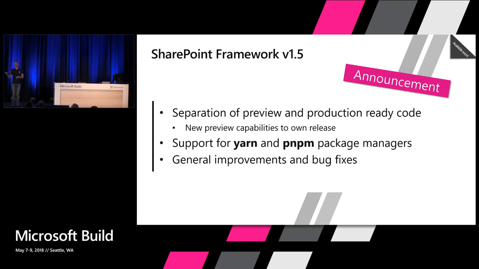So 1.5 is the official GA ready version, and then we'll have 1.5 plus add-ons. I can't remember what the decision was around the label in NPM, but the thinking is that it's 1.5 plus the add-ons, the experimental stuff. And you can use that already to test and investigate what's coming after 1.5, closer to 1.6.